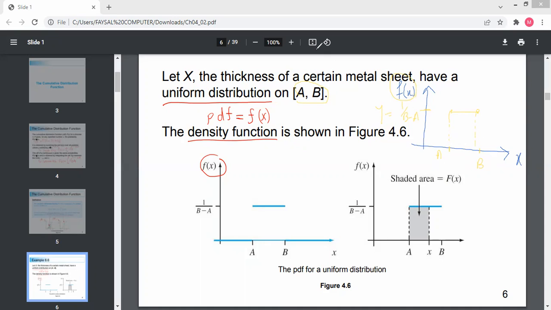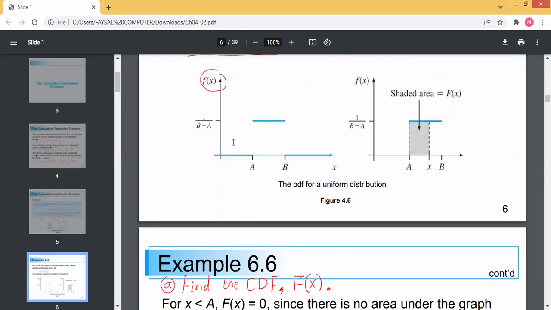Let's take a midpoint of this, approximately the midpoint. This will be x, and this is the shaded region. So this will be the function of x, f of x. This is the general elaboration of how we made our graph for a uniform distribution on a certain axis.